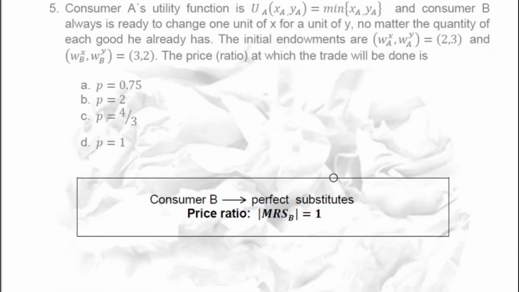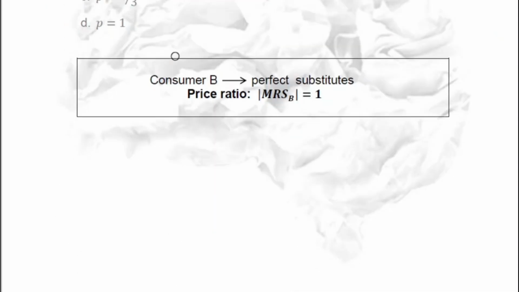As consumer B has perfect substitute preferences, the price ratio will be its MRS, and the MRS is 1 divided by 1, so 1. Then we should mark D.